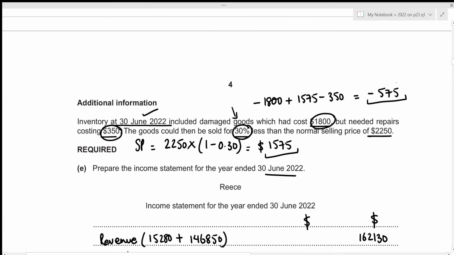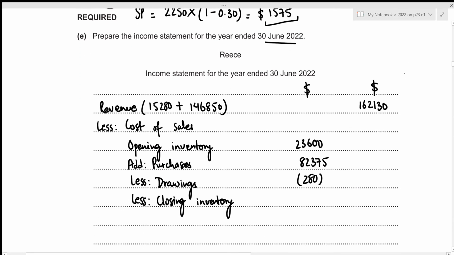And we need to subtract 575 in order to figure out the correct closing inventory. So previously we had the amount of 21,400. Now we need to subtract 575 from this, which gives our new closing inventory value to be 20,825. And since this amount is to be subtracted, I'm just going to write it down in a bracket indicating that this amount needs to be subtracted.